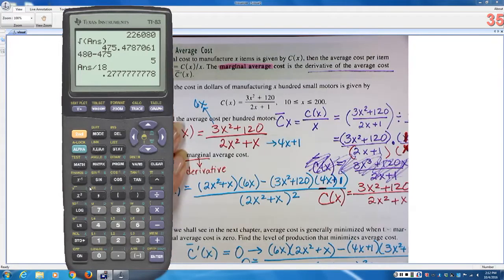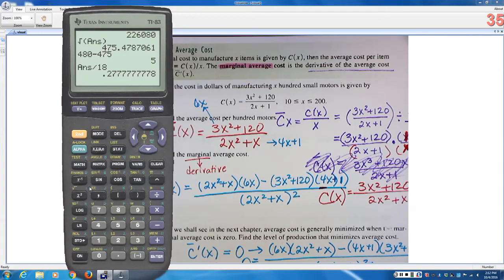Now going back up here and looking at it in terms of what that means, that's going to be about 0.28 items. If you had to round 0.28 items, which way would you round it? So at one item, marginal cost might be 0. You're really likely to only make one.